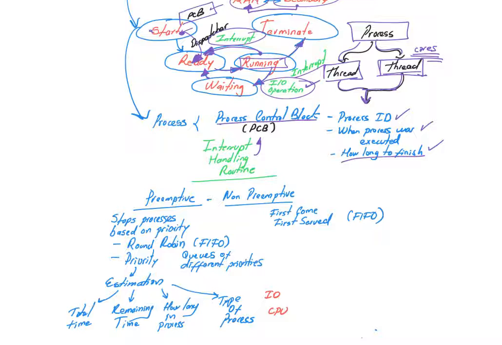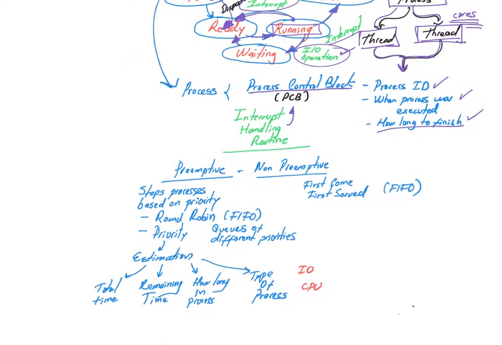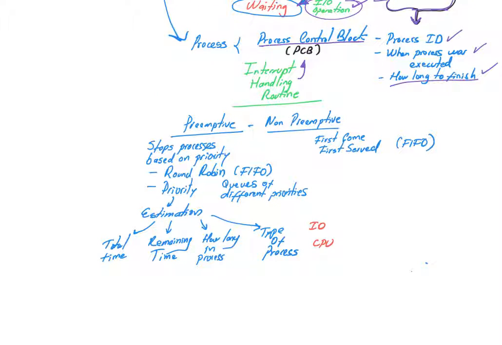Now, there are two general types of algorithms that you can use to assign time to the CPU, or to schedule processes in the CPU. One of them is called preemptive, which means that you can stop any process at any given time, and non-preemptive means that you shouldn't stop a process that is being executed.